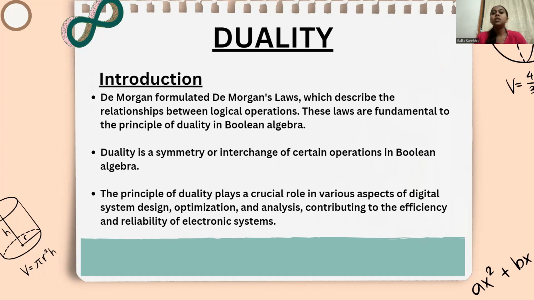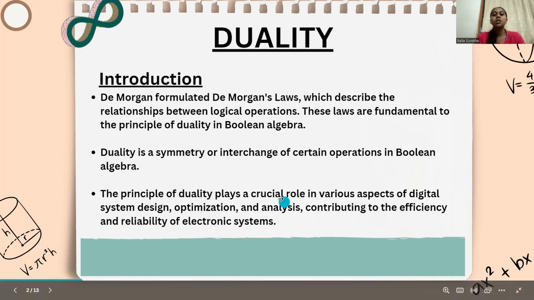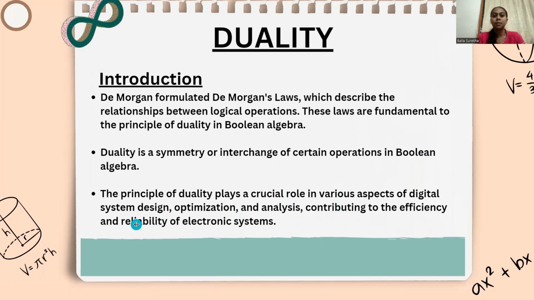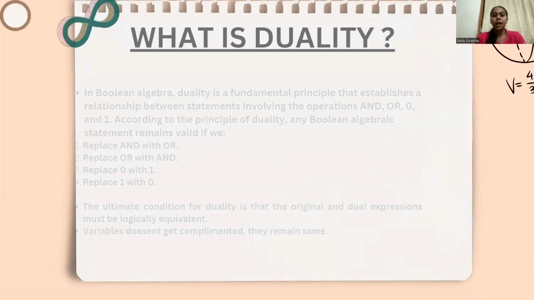Before going into the detail of duality, there are applications of duality. There are many applications of duality, mainly in electronic systems such as digital system design, optimization, and also analysis, contributing to the efficiency and reliability of electronic systems. So, what is duality?